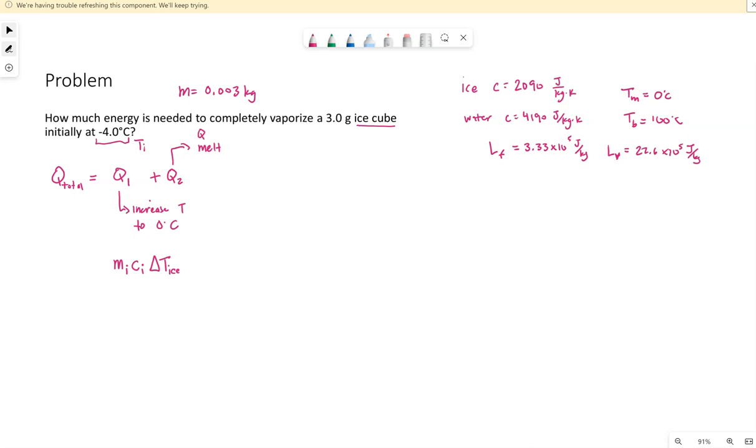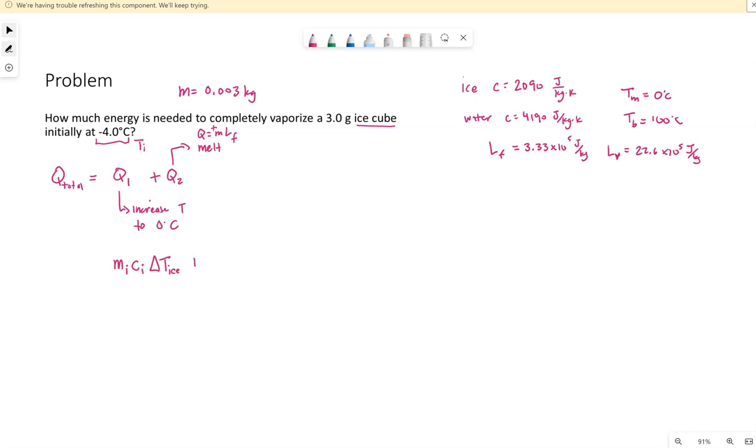This represents a change in phase, so we need the M times L. It will be positive because we do need to put energy in order to break the bonds and go from a solid to a liquid. So the equation for changing phase specifically is M times L. We want latent heat of fusion, L sub F, because we're going between the solid and liquid state.